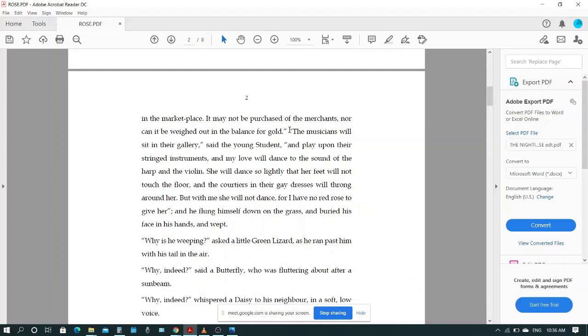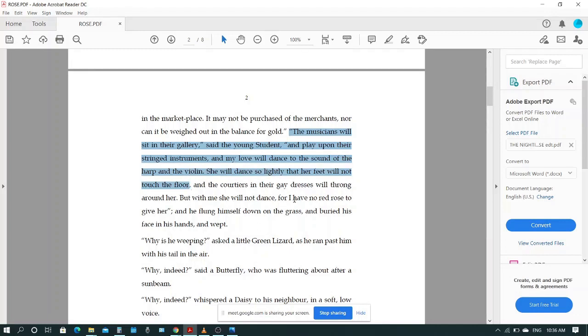And then again the boy imagines: the musicians will sit in the gallery, said the young student, and play upon their stringed instruments, and my love will dance to the sounds of the harp and the violin. She will dance so lightly that her feet will not touch the floor, etc. Okay, he is imagining now the situation when that particular girl is dancing, but what happens?